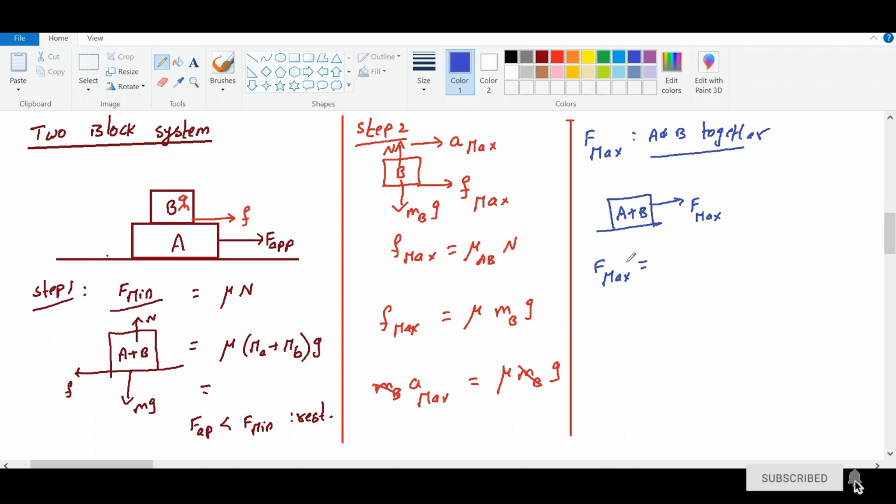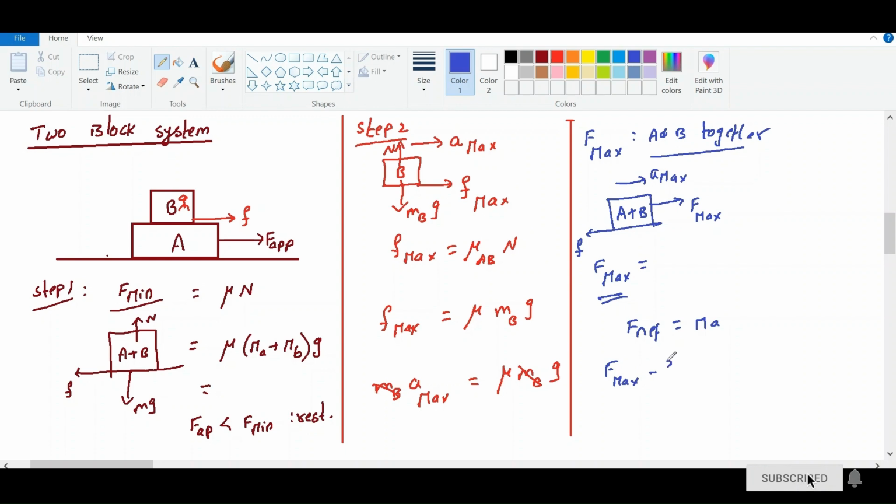And there is a friction acting. The maximum acceleration possible we have already found. So we want this F max. Apply F net equal to MA. The right side force is F max. Always remember the F net formula: right side forces minus left side forces, because the body is moving to the right.